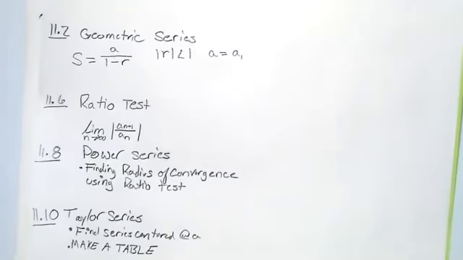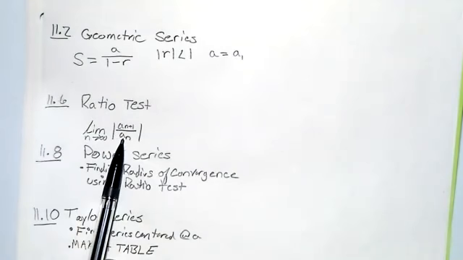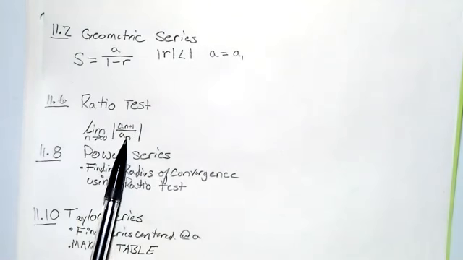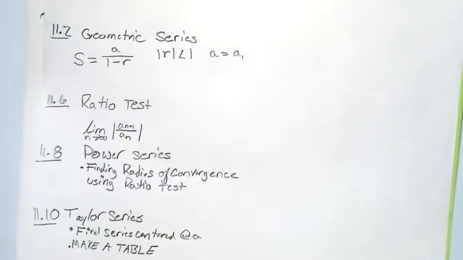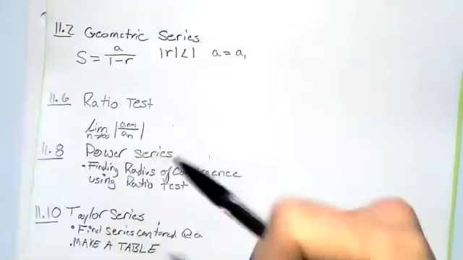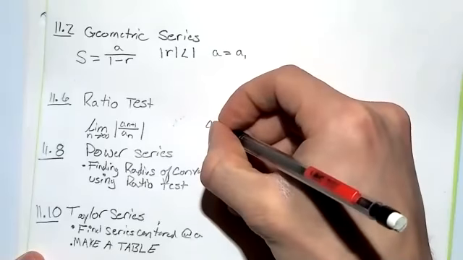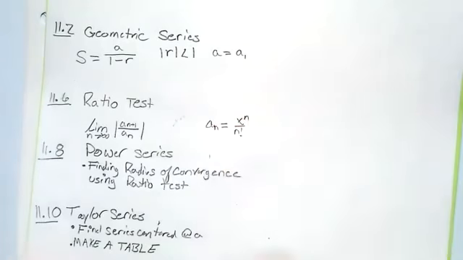Second section, we're going to be dealing with the ratio test. The biggest thing to remember with the ratio test: take the limit as n approaches infinity of a sub n plus 1 divided by a sub n. Now, instead of dividing by a sub n, I like to multiply by the reciprocal. If I just make something up real quick, we'll say a sub n equals x to the n divided by n factorial.